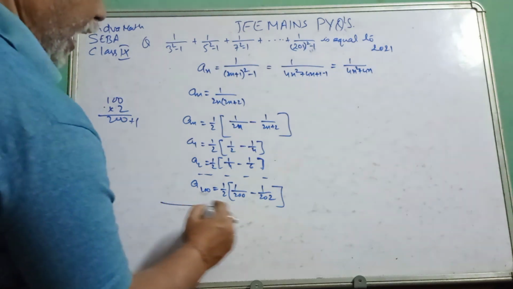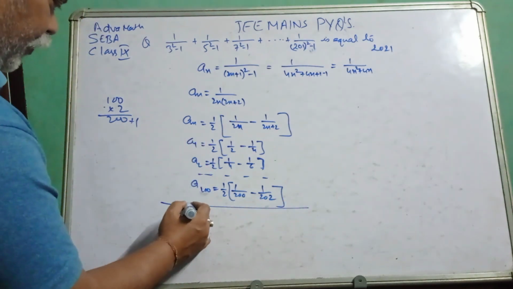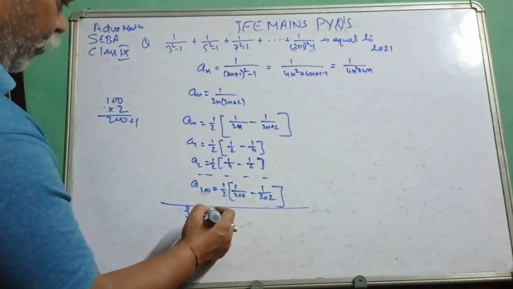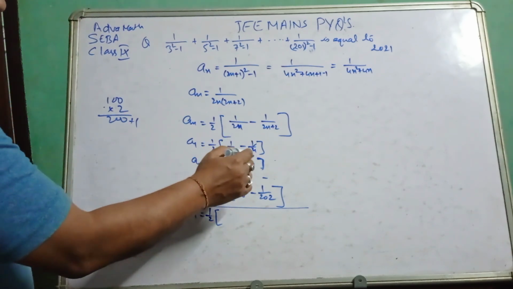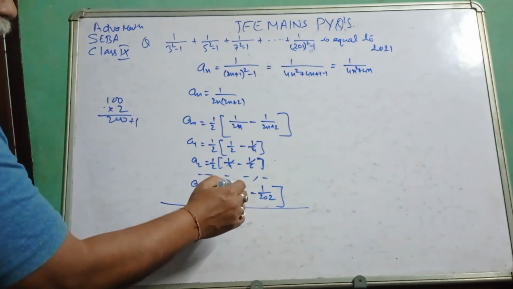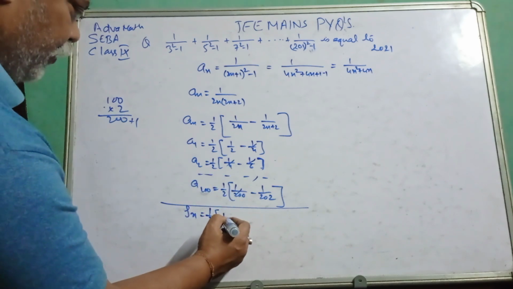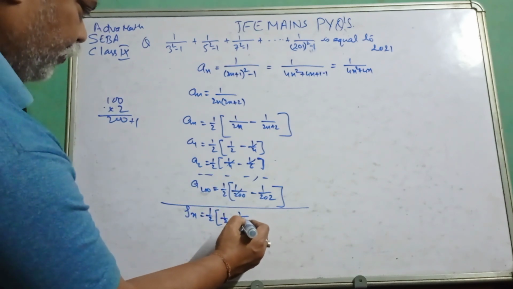So when you add up all of this, you will get Sn equal to 1 by 2. You see, the terms in between cancel out. So the only term left will be 1 by 2 minus 1 by 202.